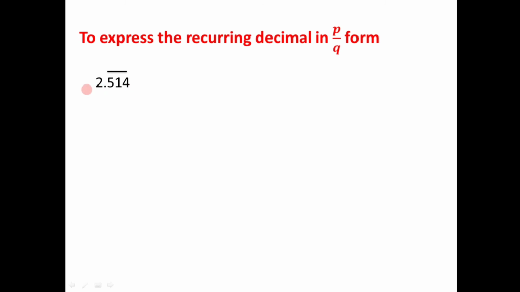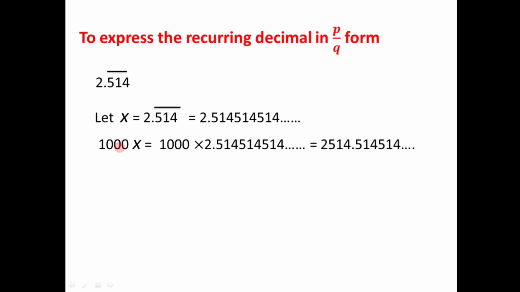Let us have another example, 2.514 recurring. So let us have x is equal to 2.514 recurring. That means we can write 2.514514 and so on. Now this time, if we see after the decimal, there is a group of 3 digits which is recurring. That's why we have to multiply this equation by 1000. If we multiply x by 1000, we get 1000x.